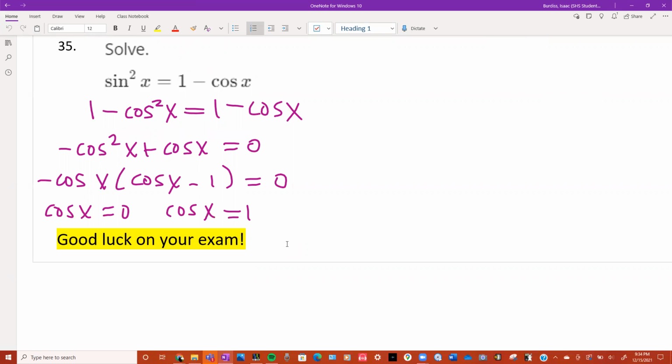And cosine is x. So where is x 0? I'll just write my points here.